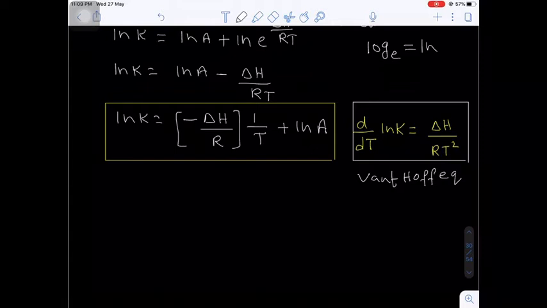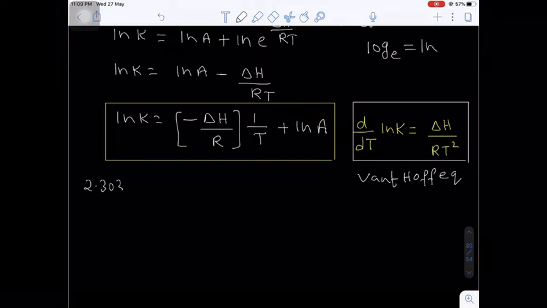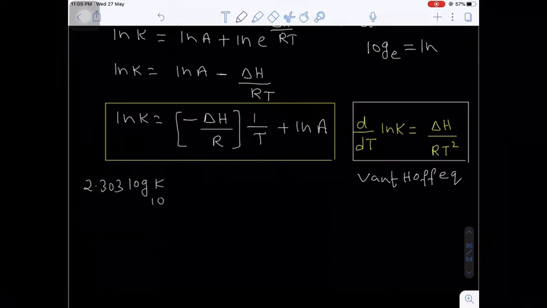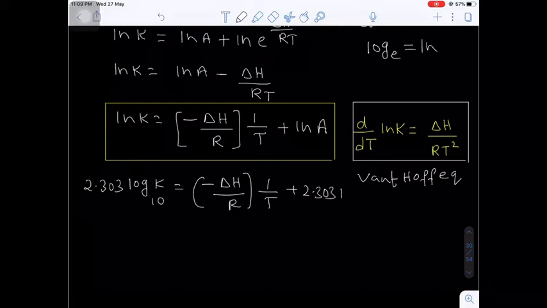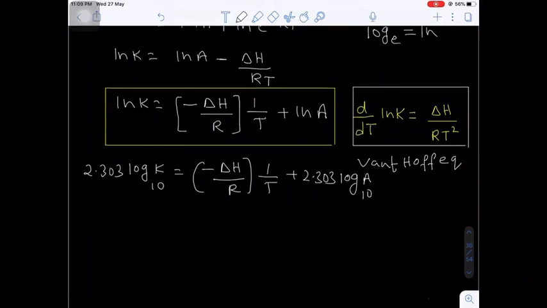Okay. Now here, if you want to convert the logarithm to the base e into base 10, we have to multiply with 2.303. So here 2.303 log K to the base 10. If log K base e is converted to log K base 10, then we have to multiply with 2.303. Next, minus delta H by capital R into 1 by T. Here also 2.303 log A to the base 10.